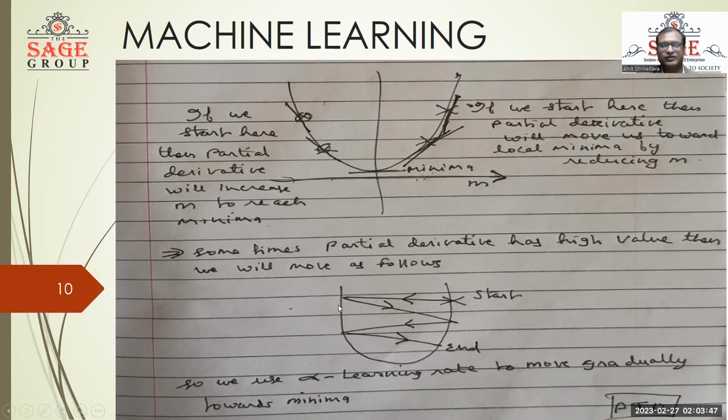And when I'm on the negative side, if the value of the partial derivative is very high, it will jump to the right side. So it will just jump to and fro from left to right and right to left, and it will never converge. So to move this M in a very slow and steady manner, we make use of alpha, that is the learning rate, to move my M in a gradual manner.